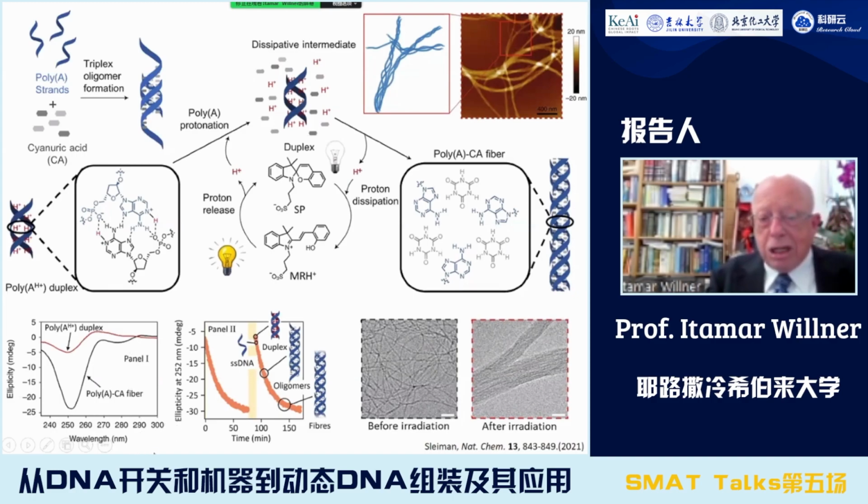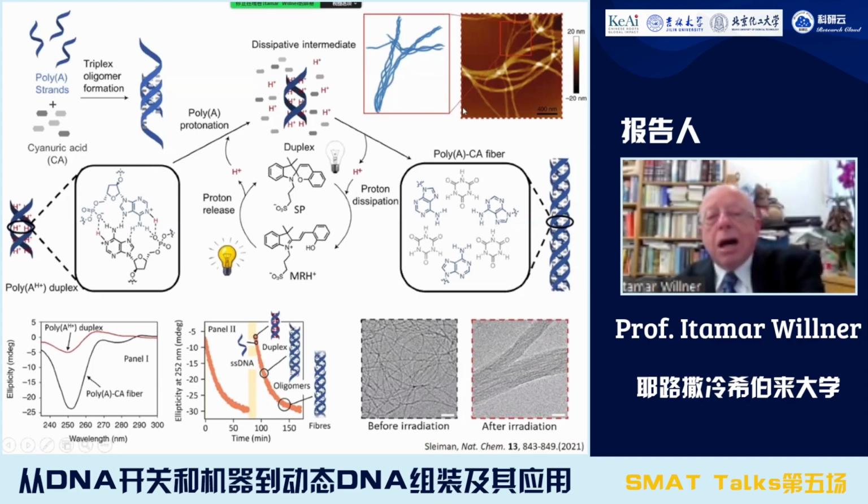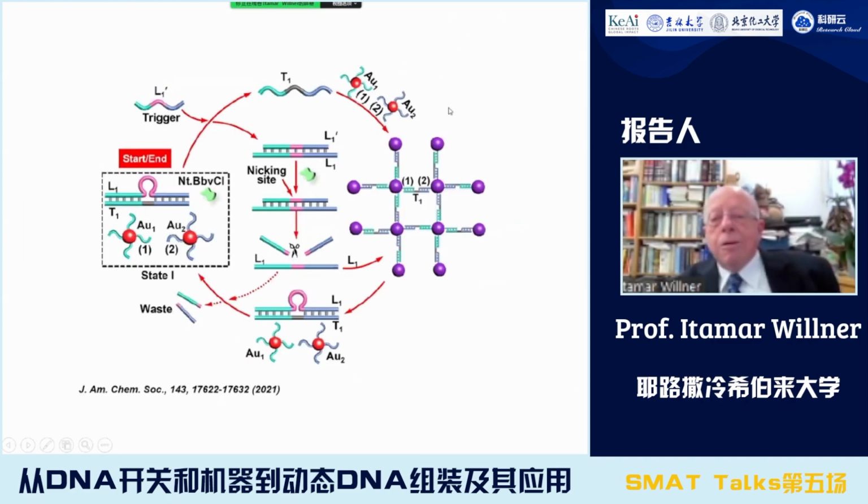You can see here nicely that when we shine light on the system, we form the protonated polyadenine, and it dissipatively forms the fiber, and we can repeat the process again and again by light and dark reactions.